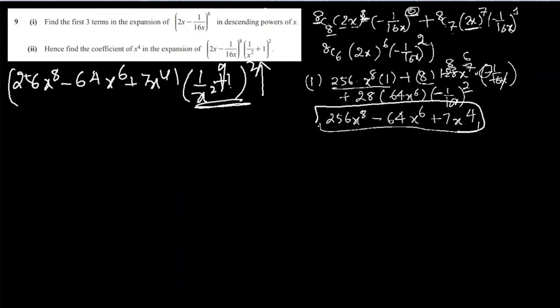So let's expand this as well. It will be the square of 1 over x squared, which will be 1 over x to the power 4, plus the square of 1, which is 1, and plus 2 times 1 over x squared times 1.